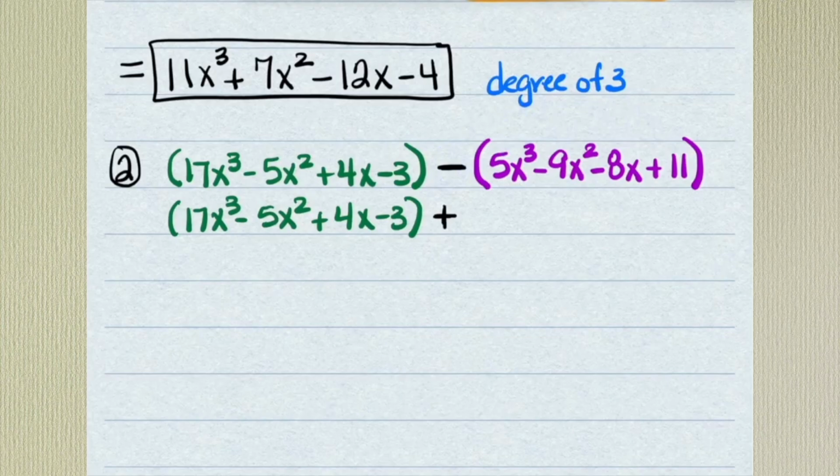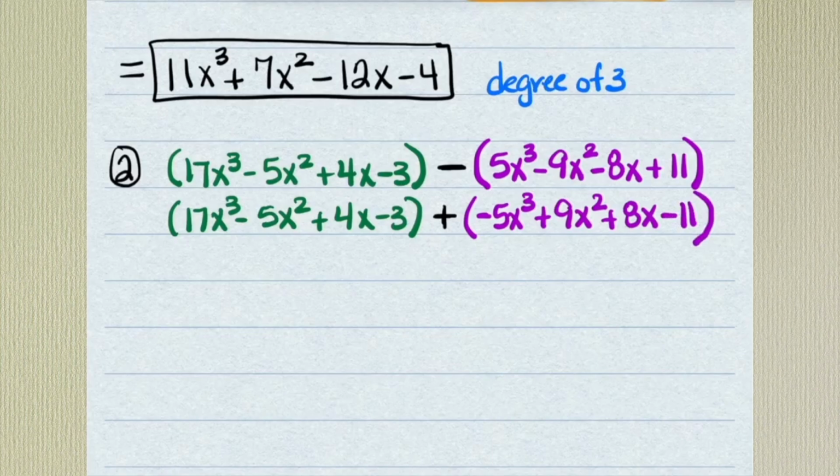So then that's going to become a minus 5x cubed, right? And then you have a minus and a minus, that's going to be a plus 9x squared. And then you still have a minus and a minus, so that's going to be a plus 8x. And then you have a minus and a plus, so that's going to be minus 11.